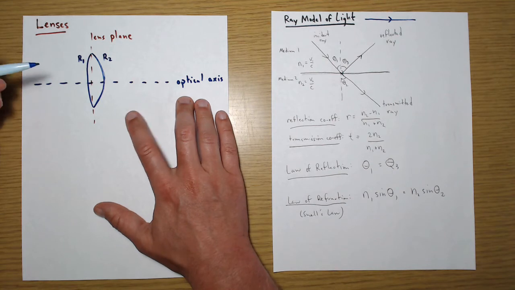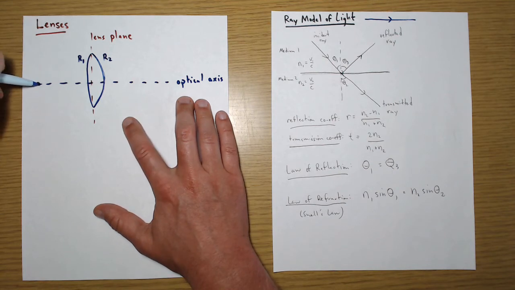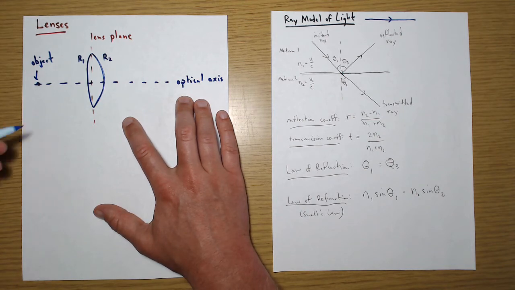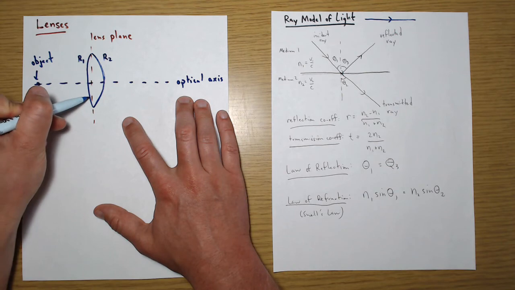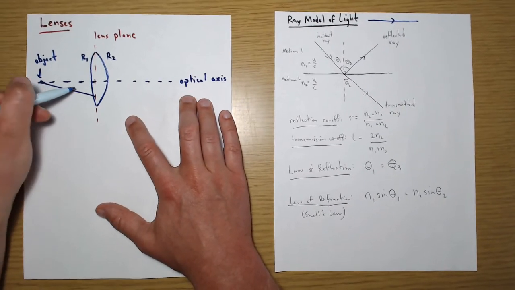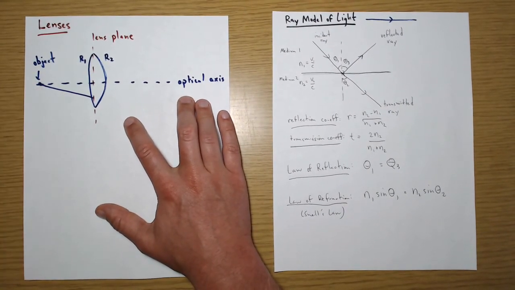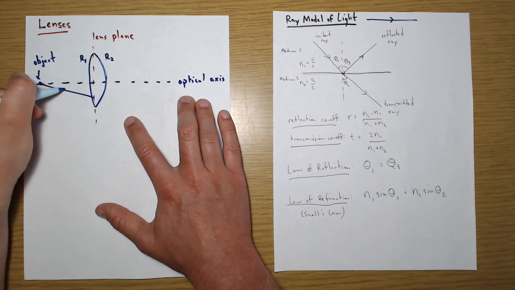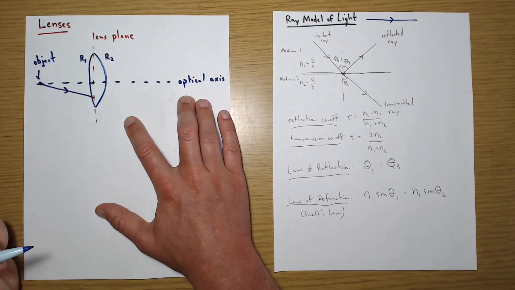Okay, now let's say I have an object over here, and our object is some kind of luminous source. Either it's producing light rays or it's reflecting light rays. Now those light rays, some of them are going to impinge on the lens itself. So here's one of the rays, impinges on the lens surface.